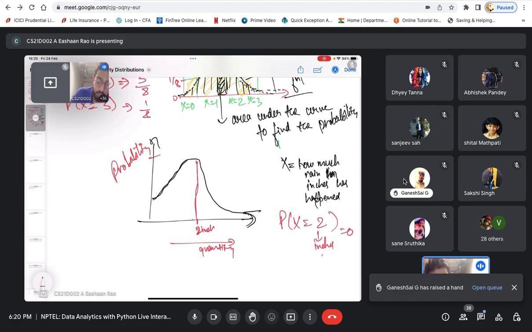The reason you get 0 is that you cannot say exactly 2 inches, because 2 inches itself is different from 0.001 or 1.99999.